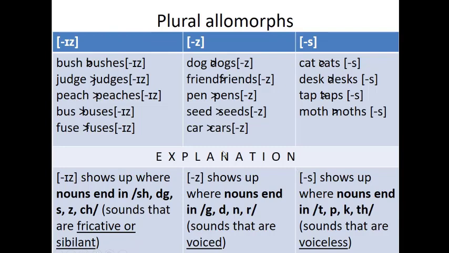The explanation is here, and it says, with the iz, this is just lifted from your guide, it's because these are nouns which end in sh, j, s, z, ch sounds.